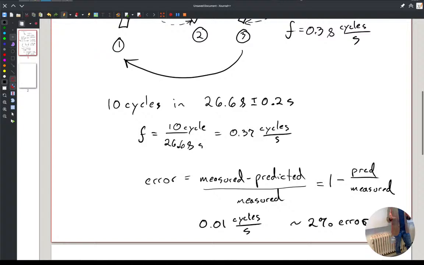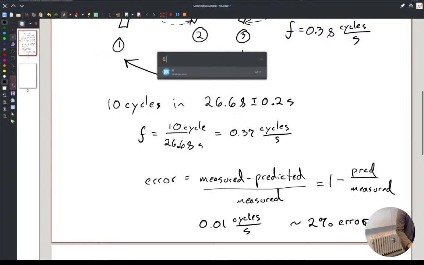So that 0.2 is not quite the 2%, right? 0.2 divided by, say, 27 accounts for maybe 0.7%.